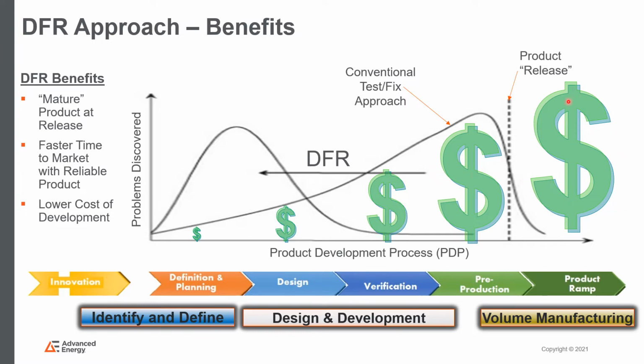So instead of finding big problems either in the field as your reliability is improving, or right before you launch, you're finding problems early on, during the definition and planning phase, during the design phase, and during the verification phase. So that's the idea of the benefits of the DfR approach: mature product at launch, faster time to market, overall lower cost of development.